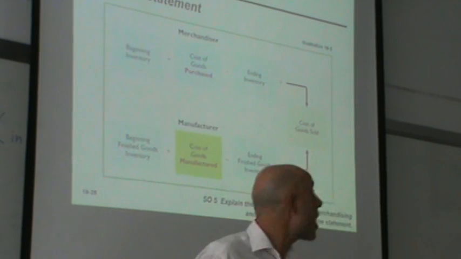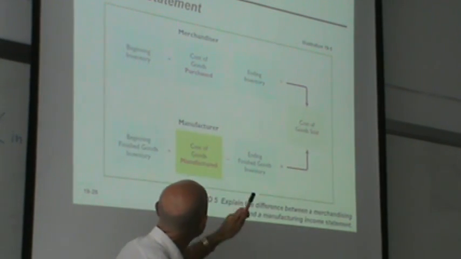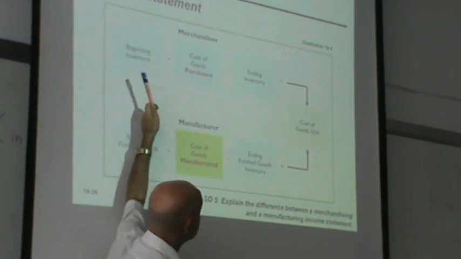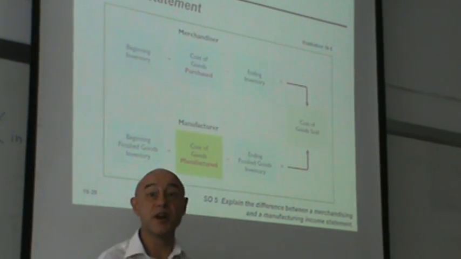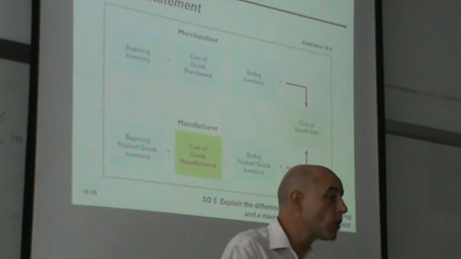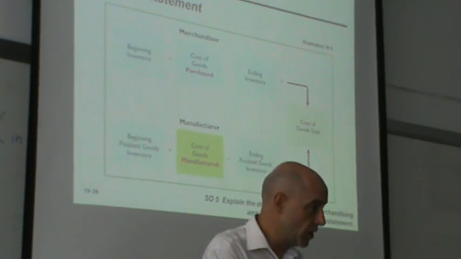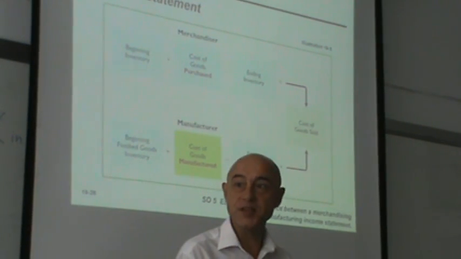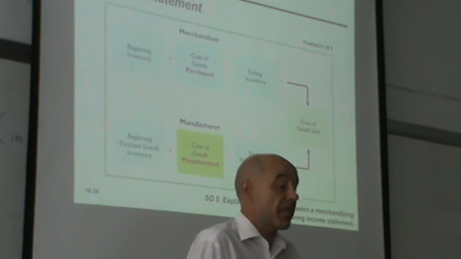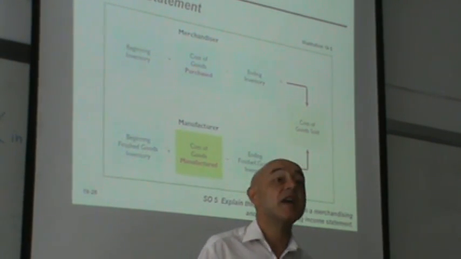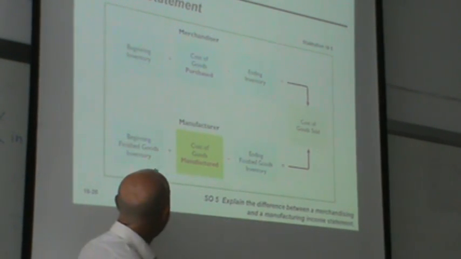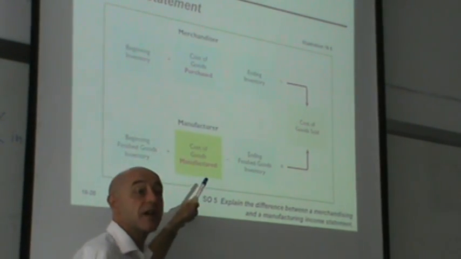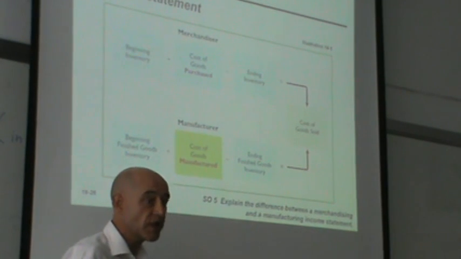if you are a merchandiser, you have inventory and you're going to have cost of goods purchased. This is all the shirts or all the watches or all the pens, whatever you're buying during the month. Okay? If you are a manufacturer, you have costs of goods manufactured.